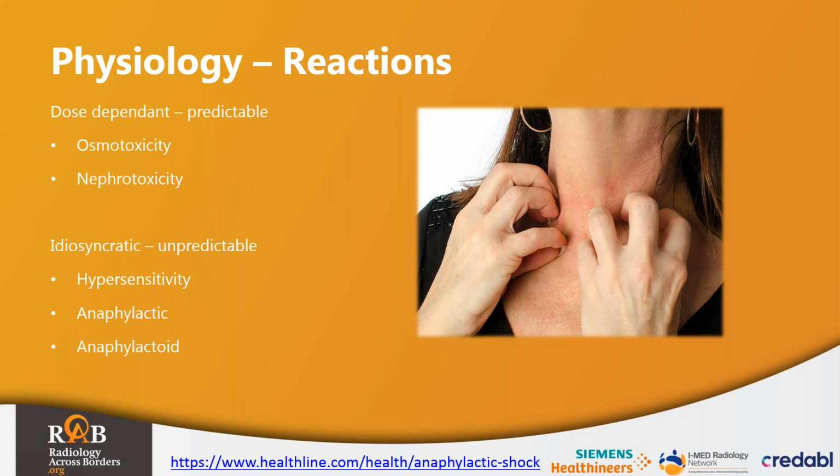Another class of reaction is idiosyncratic or unpredictable. These don't depend on dose or concentration. They include hypersensitivity reactions, which are basically undesirable reactions produced by the normal immune system. These are much like allergies or hay fever that people get. Then we start looking at some more serious reactions.